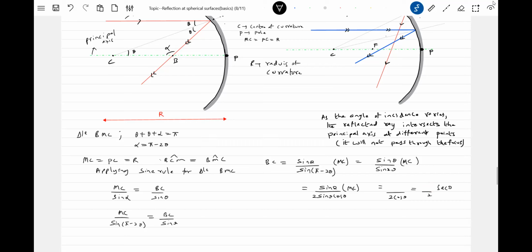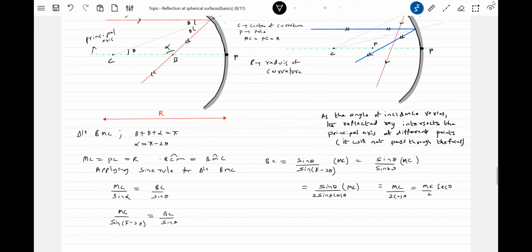I'll make a correction: MC should be equal to R. Further, distance BC is equal to R by 2 secant theta.